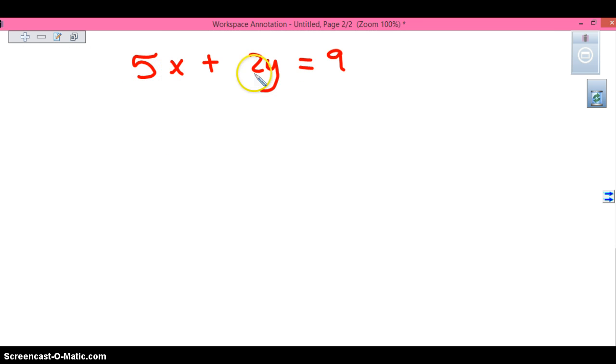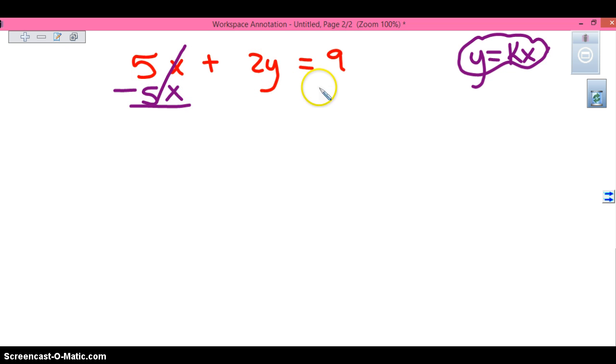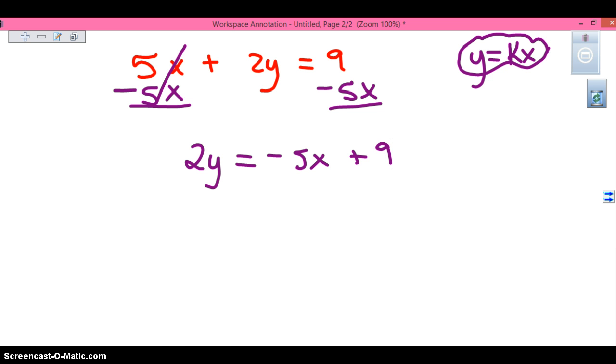Is 5x plus 2y equal to 9 a direct variation? If it is, find the constant of variation. So we have to solve for y. In other words, we have to write it as y equals kx. To solve for y, we need to subtract 5x from both sides. So 2y is equal to negative 5x plus 9.